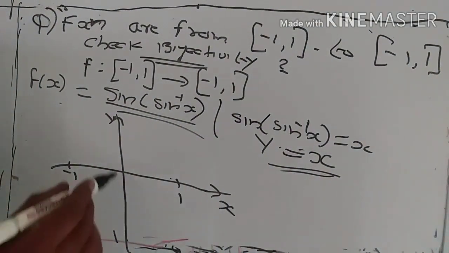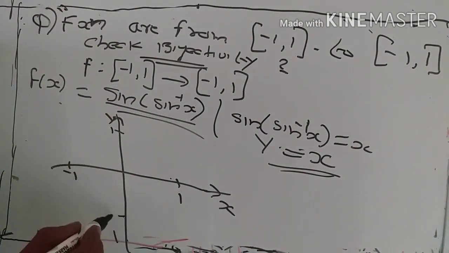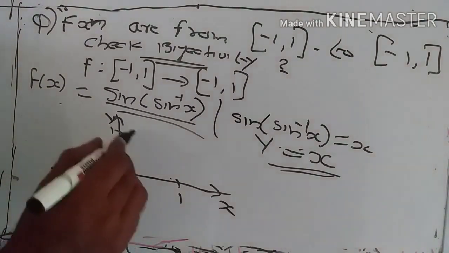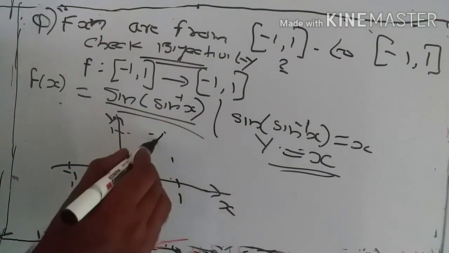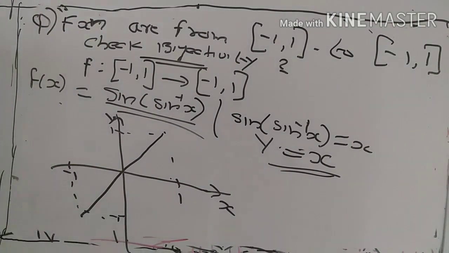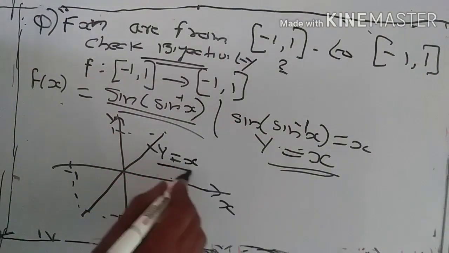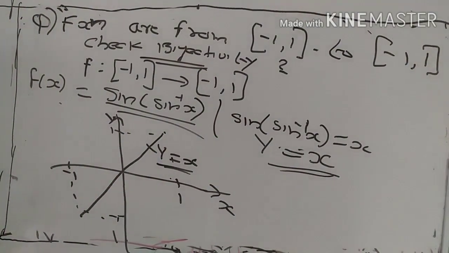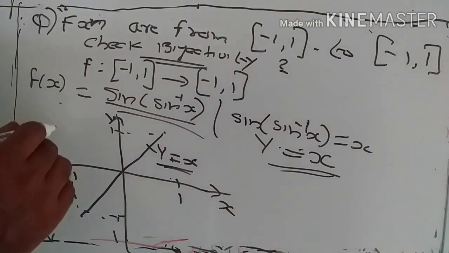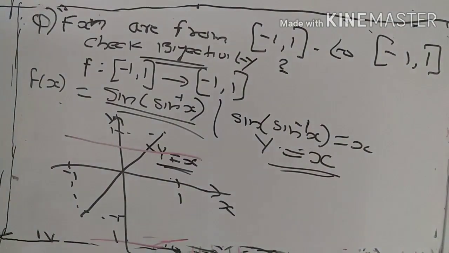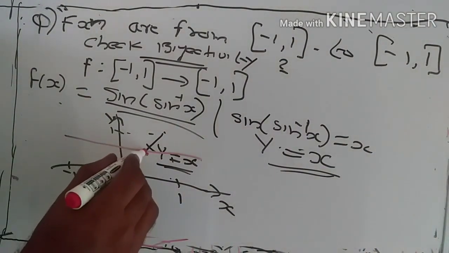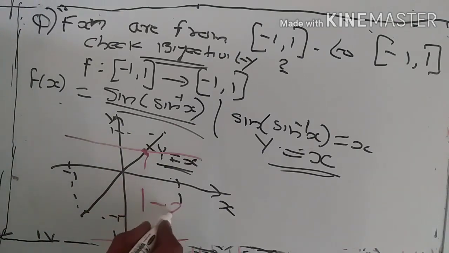When x is equal to -1, y is equal to -1. This is the graph of y is equal to x. Now draw a line parallel to the x-axis. It cuts only at a single point, so it is 1 to 1.